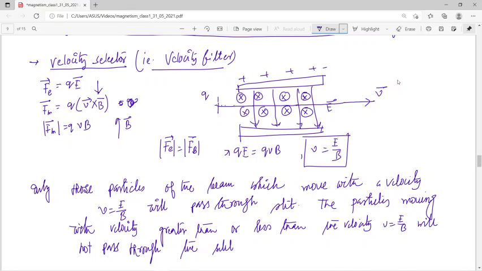That is the main observation, and that's why it is known as a velocity selector.